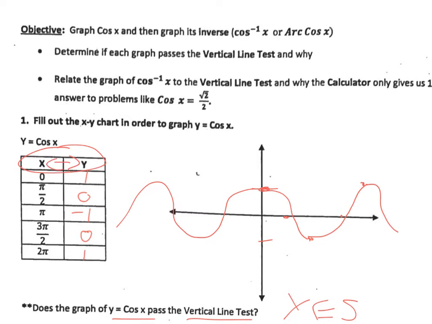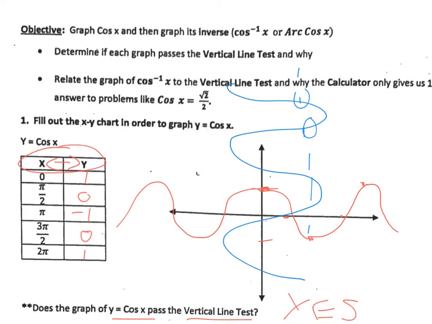And what you'll see is that instead of having a wave that goes left to right, it's going to look something like this. It's going to be a wave that goes up and down because you're going to switch the x and the y. Okay, and to prove it, now this fails the vertical line test, right? It goes through many different points right here. All right, so to kind of prove that, let's move down.